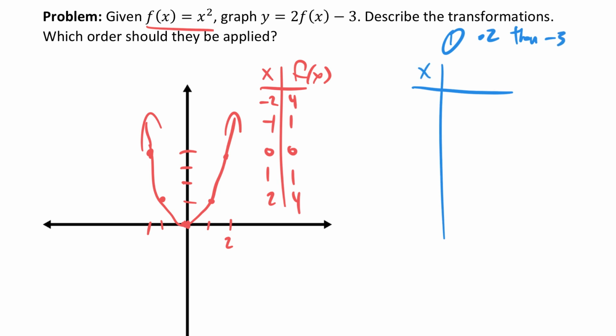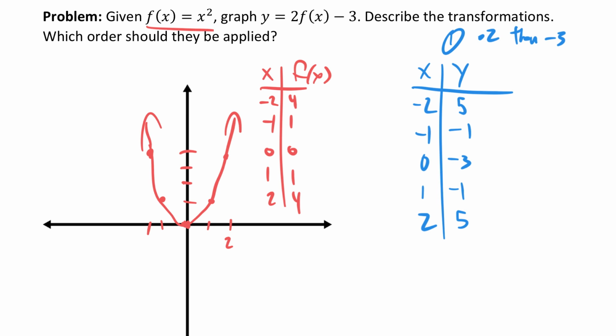So the x values will remain the same, but our y values are going to be multiplied by 2 and then subtract 3. So 4 times 2 is 8, minus 3 will be 5. 1 times 2 is 2, minus 3 is -1. 0 times 2 is 0, minus 3 is -3. -1 and 5. Okay, so that's option 1.